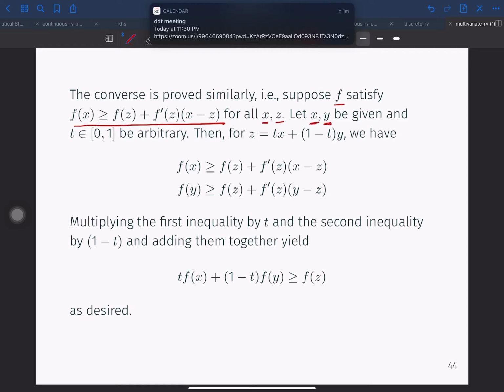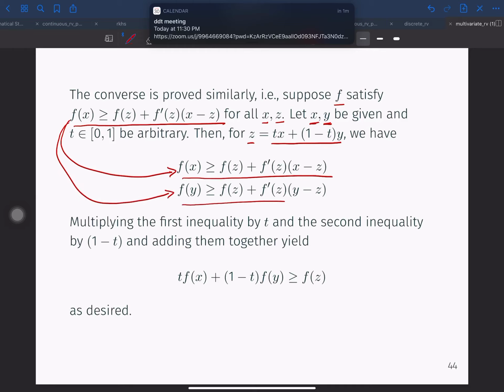Then you could just let z be the linear combination of x and y, just as we had earlier. Then using this condition here, we have f(x) has to be bigger than f(z) plus the linear term. And using the same condition, with x replaced by y, f(y) also has to be bigger than this linear term.